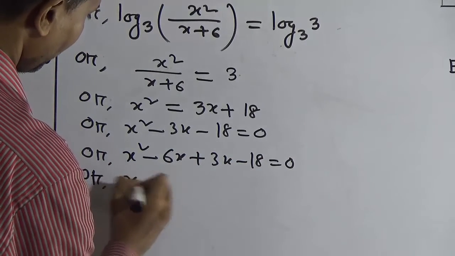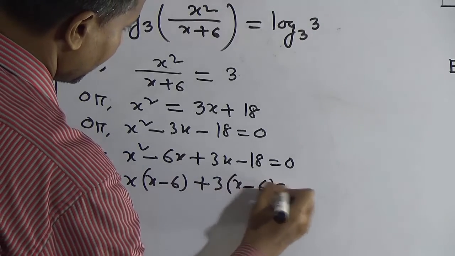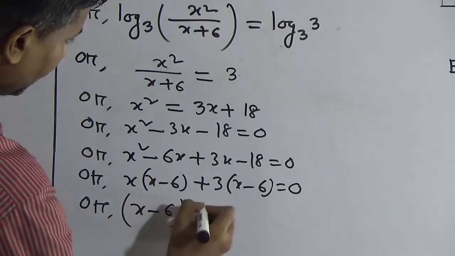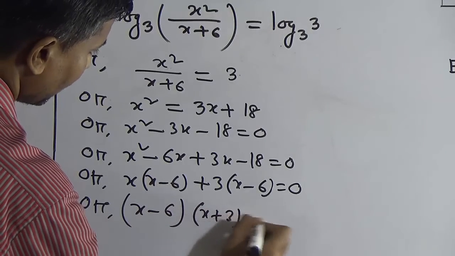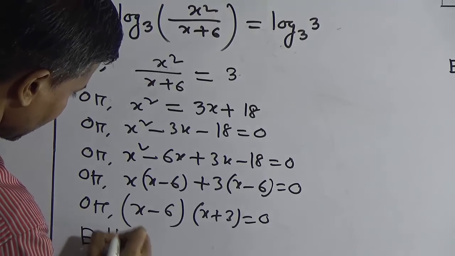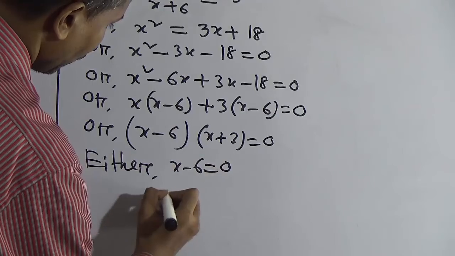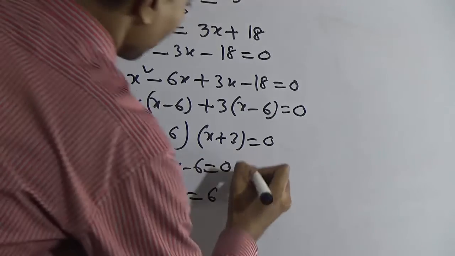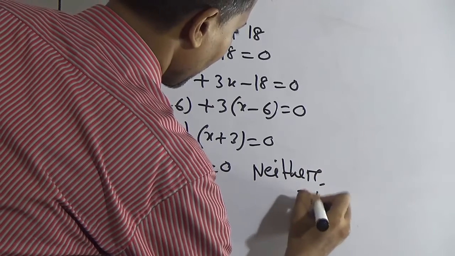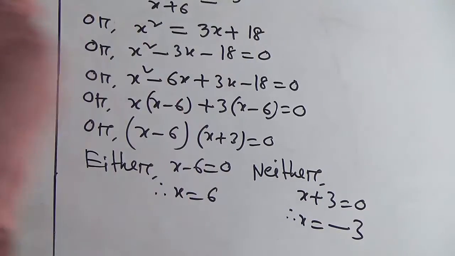Take common x minus 6, then 3 (x minus 6) equal to 0, or (x minus 6) into (x plus 3) equal to 0. Either x minus 6 equal to 0, or x equal to 6; or x plus 3 equal to 0, or x equal to minus 3.